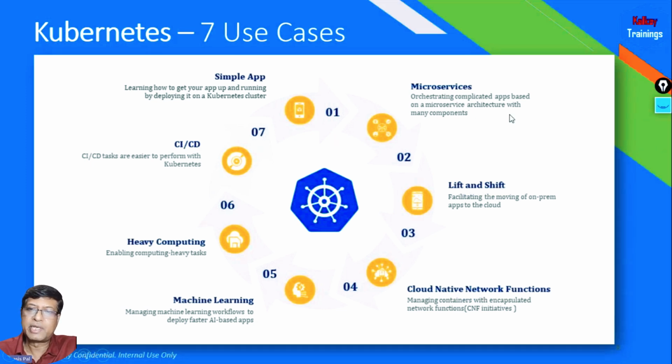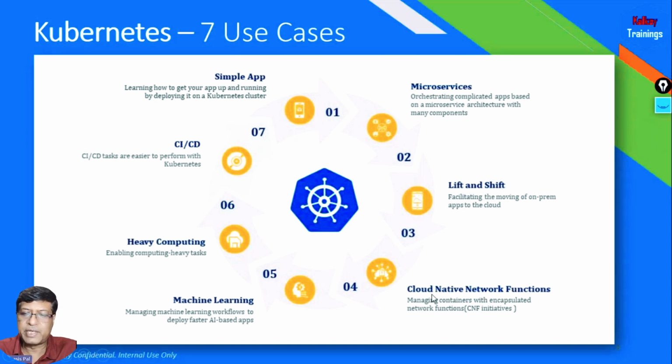Kubernetes can orchestrate microservices, so applications distributed over microservices can be helped, and that microservice architecture can be supported over Kubernetes. Lift and shift is one of the important facilities. If you are trying to move from an on-premise application to the cloud, you can take the help of Kubernetes for that migration.